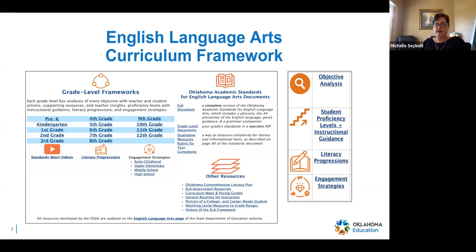There is also a qualitative measure rubric for text complexity. Each grade level, when you click on the hyperlink, is organized by objective analysis, student proficiency levels and instructional guidance, literacy progressions, and engagement strategies. We are going to take a look at each one of these sections.